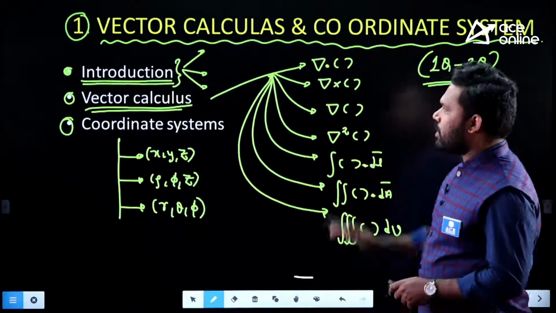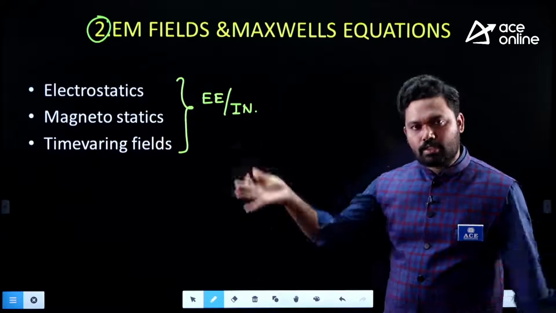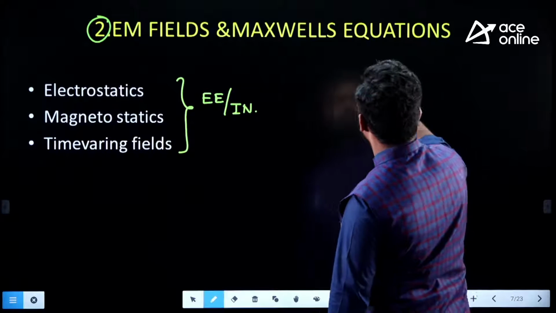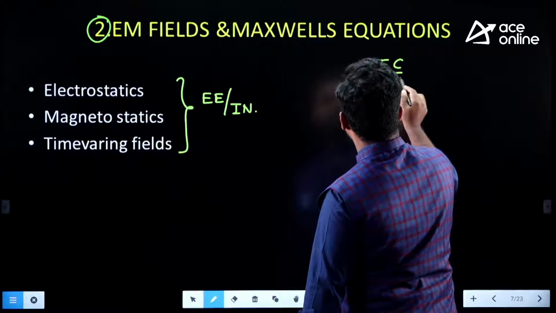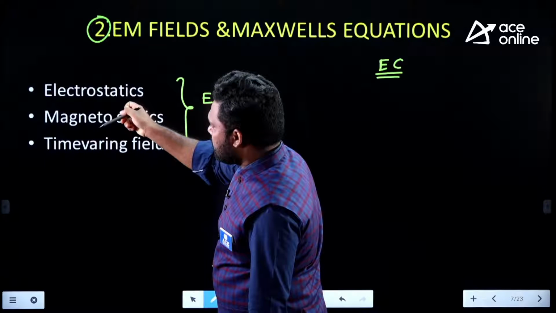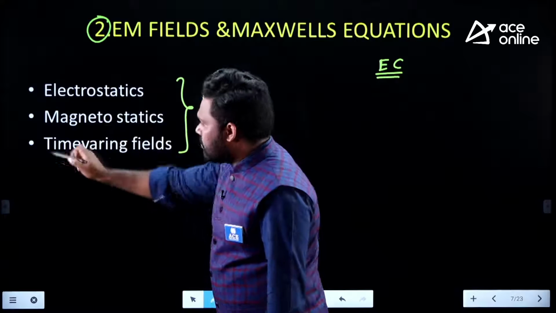After having a proper mathematical interpretation of all these things, one would obviously be comfortable with these concepts. Fine. For the EC students, a detailed discussion of electrostatics and magnetostatics is not required. What is more important is the time varying fields.